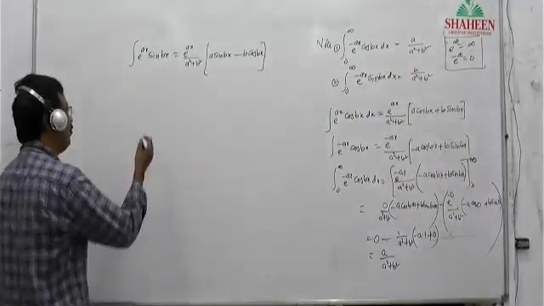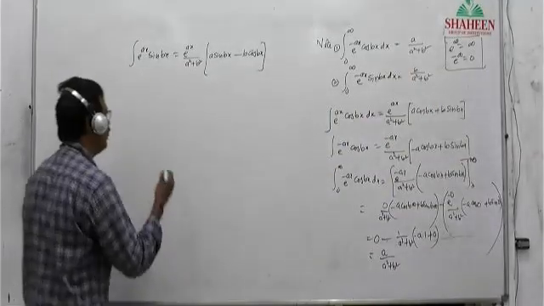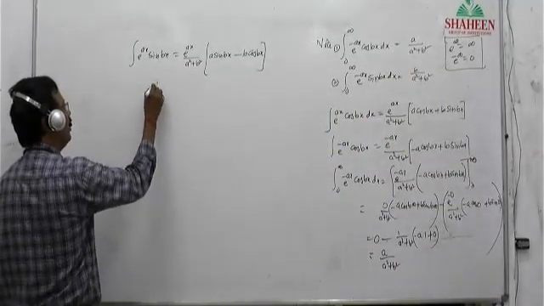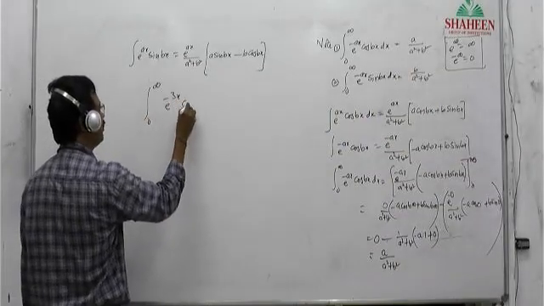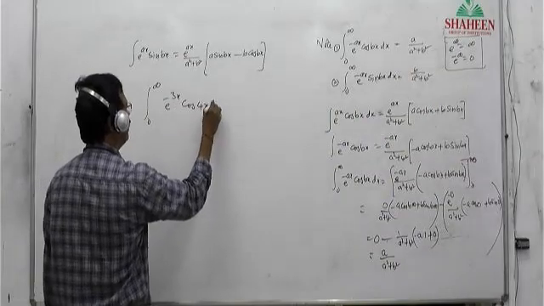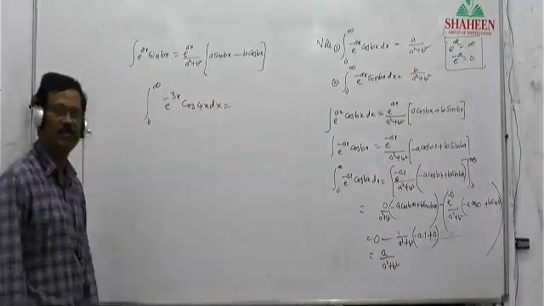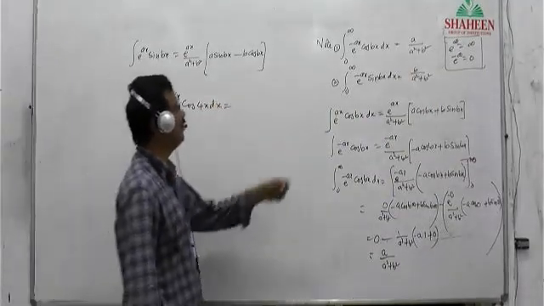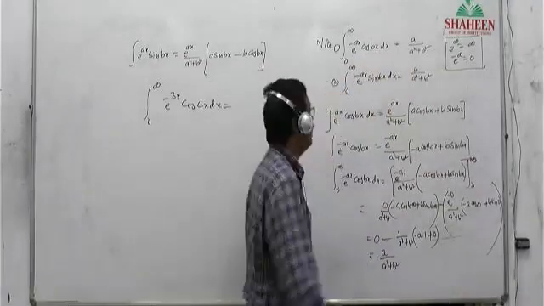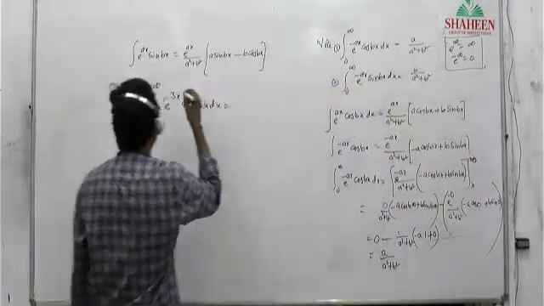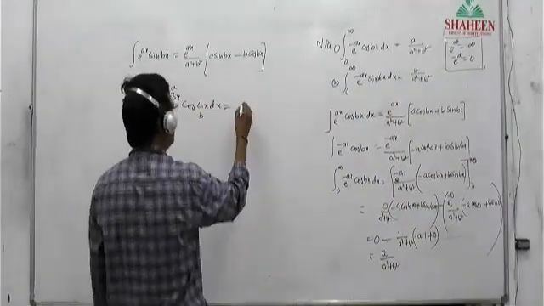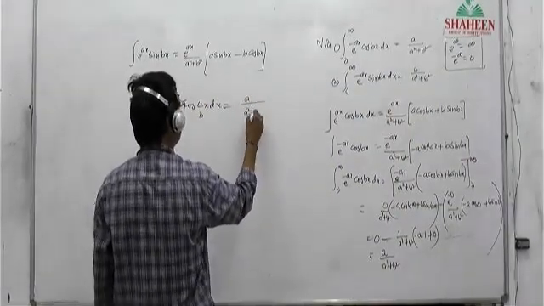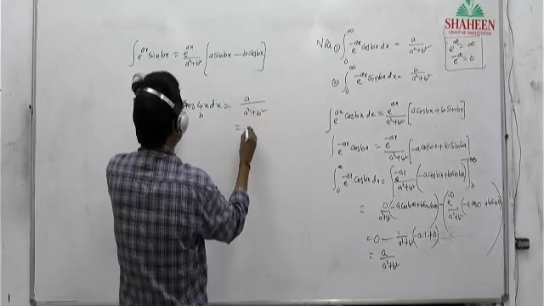Suppose in multiple choice problems they ask the integral from 0 to infinity of e power minus 3x cos 4x. Directly we can apply this formula. What is a? a is 3. What is b? b is 4. The answer is a by a square plus b square. a is how much? 3.